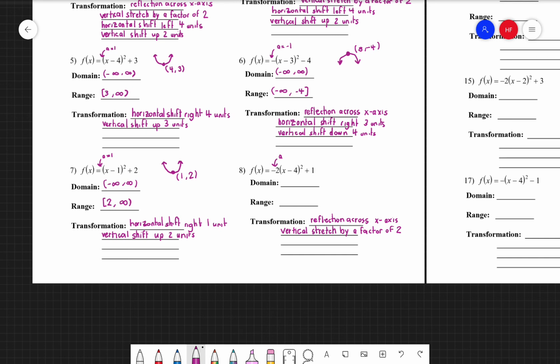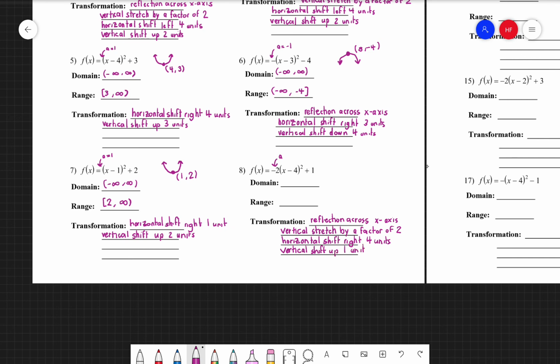Minus 4 on the inside, we think opposite, so it's a horizontal shift to the right 4 units. And then that plus 1 on the end, we think exactly as it is, so vertical shift up 1 unit.